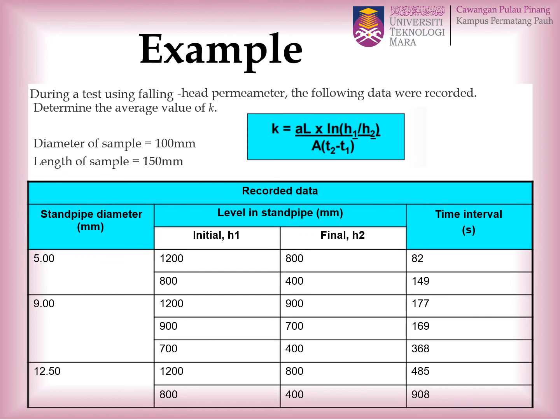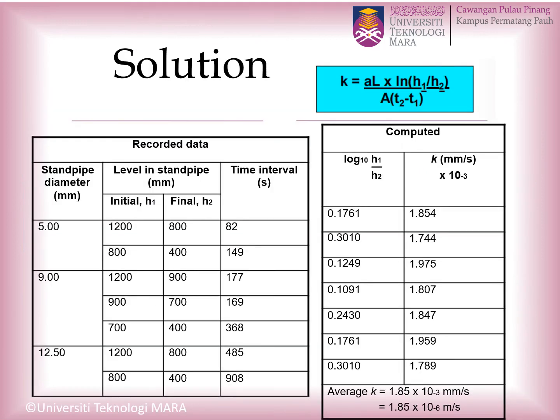From this data, you may use the equation for the falling head test. For the solution, look at the equation here: aL times ln H1 over H2. Look at the level of the standpipe, so you have H1 and also H2.